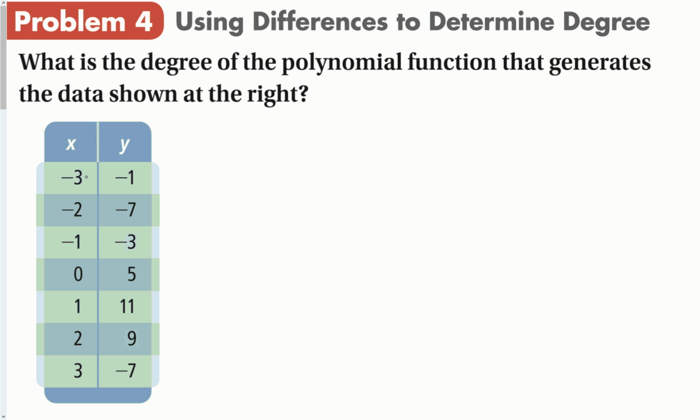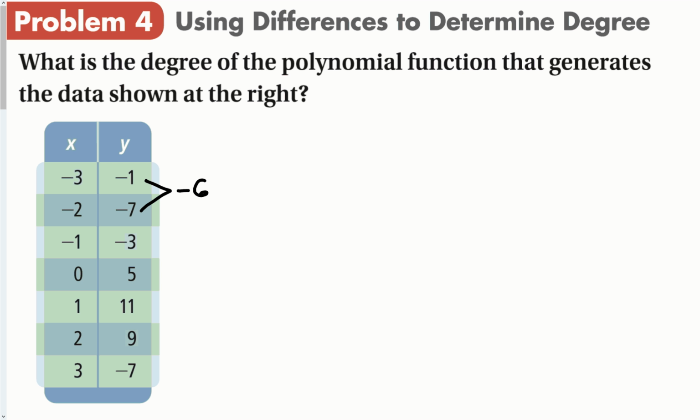So notice the x values are in order. -3, -2, -1, 1, 2, 3. Okay, they all differ by 1. That's good. Okay, so now what we want to do is we want to take these two and subtract them. So -7 minus -1, which is -6.